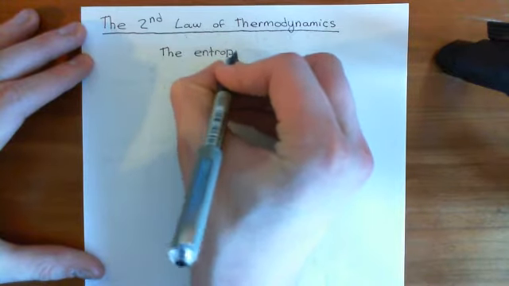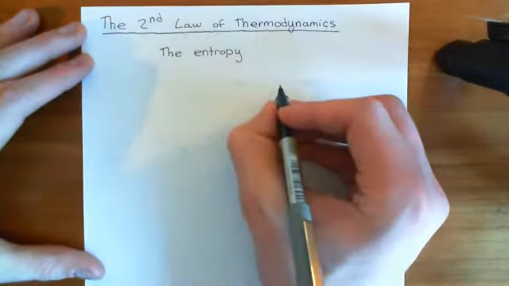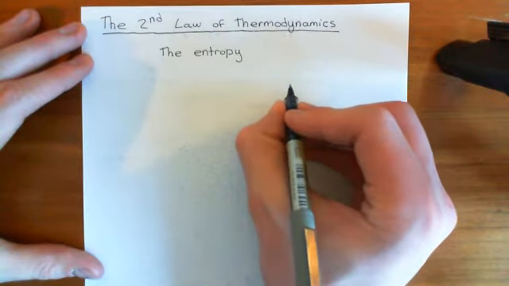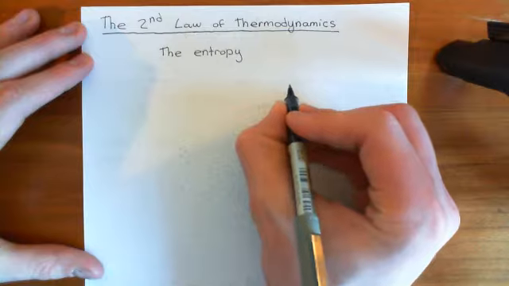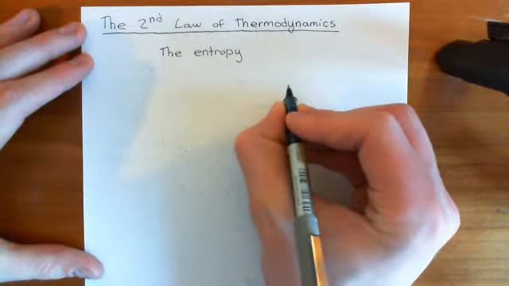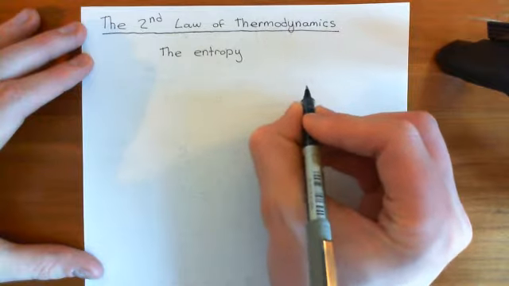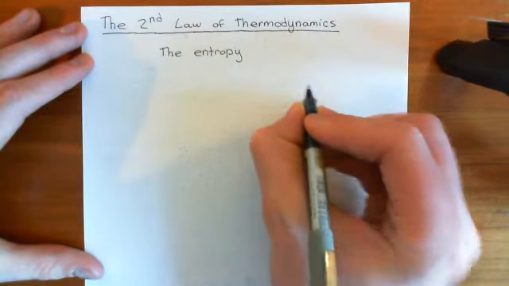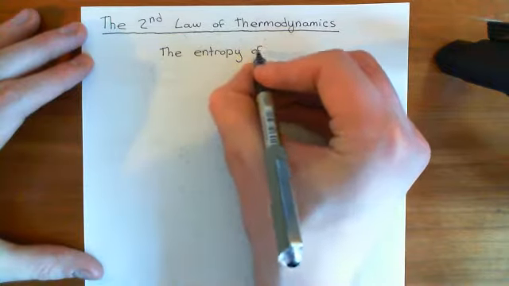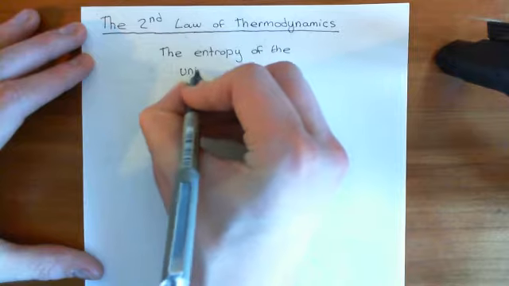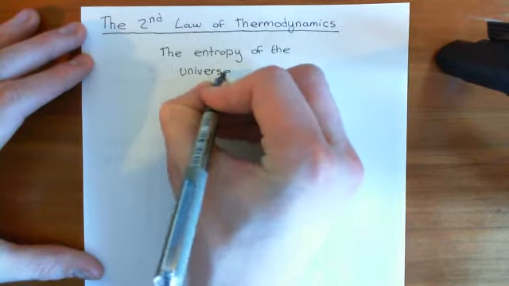Okay, so basically, if you look at the macroscopic state, or the macrostate of the entire universe, you will always find that the entropy of that macrostate goes up. As time progresses on, the entropy of the entire macrostate of the universe always goes up. The entropy of the universe always goes up.